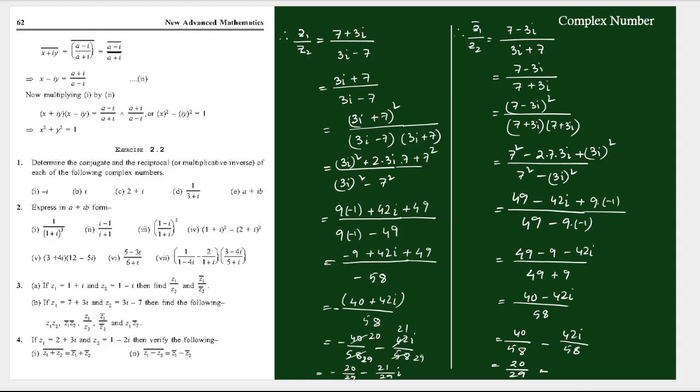Then here you get minus 21 by 29 i. Minus 42i, right?